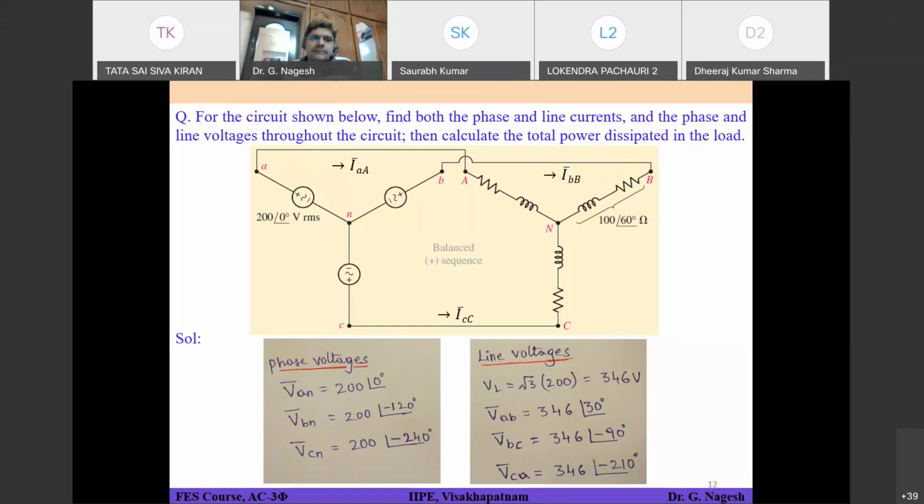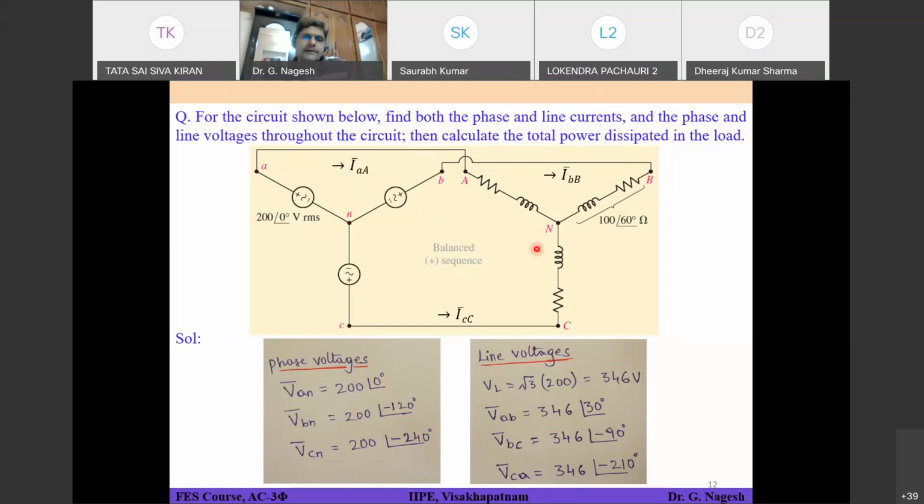Yeah, you can call it, because if you see here, the small a is connected to capital A, and we are assuming no impedance for this line, ideal line, and this small b is connected to capital B. So the same voltage which is existing between small a and b is existing between capital A and capital B also in the present circuit, because the lines do not carry any impedance. If I say the line has some 1 ohm resistance, then it will not be equal. So in the present case, they both are the same.